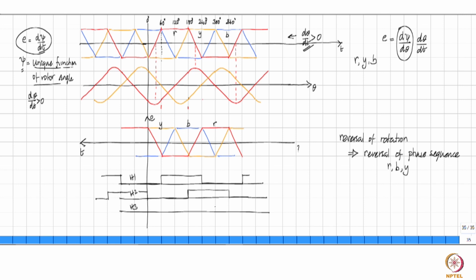And H3 was further shifted by 120 degrees. This was how it was. And we said that if you want to look at the region where device number 1, for example, is on, 1 would be on whenever R phase was high, and so this was the region when 1 is on.